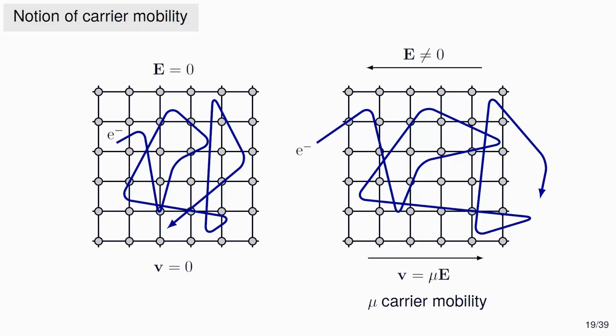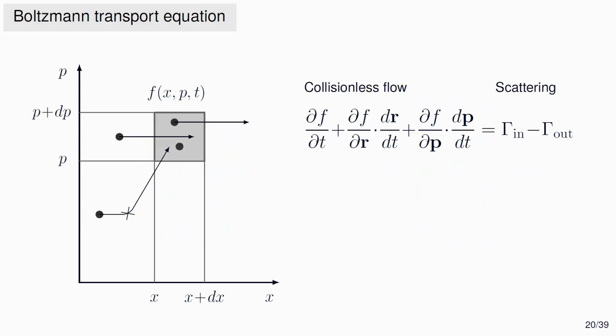And now this is a cartoon. The question is, how do you use quantum mechanics to perform a calculation of this object without employing empirical parameters from experiments? So the way we do it is to use something called the Boltzmann transport equation. If you studied transport in gases, transport of neutrons, or in plasmas, this is exactly the same equation.